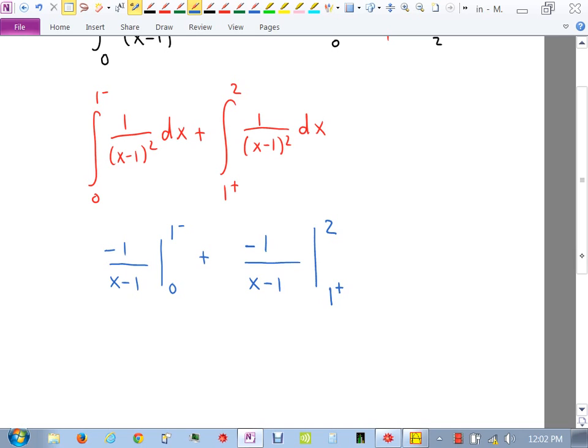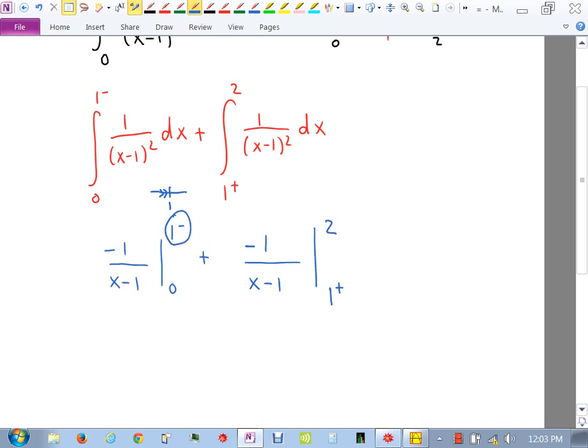So if I plug in a number that's close to 1 from the left side, those are things like 0.999, 0.9999. If I plug a number like that into the bottom, I get a negative on the bottom, don't I? So I know that the bottom is going to 0 through negative numbers.